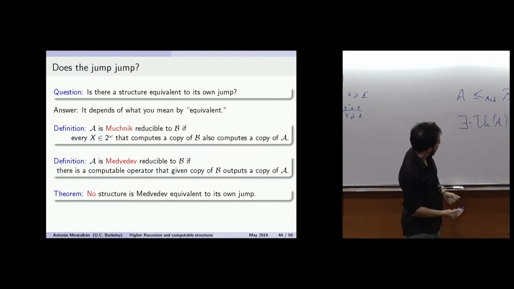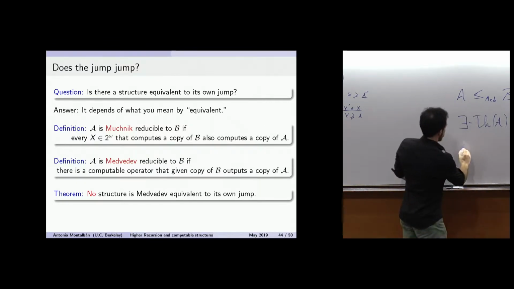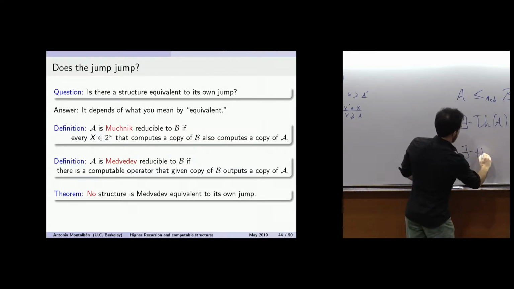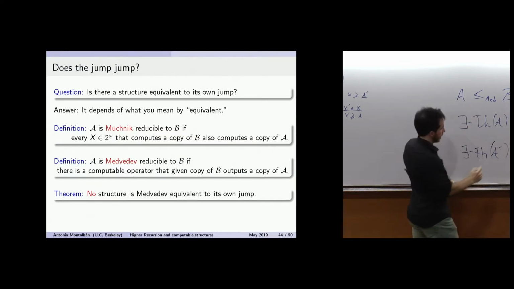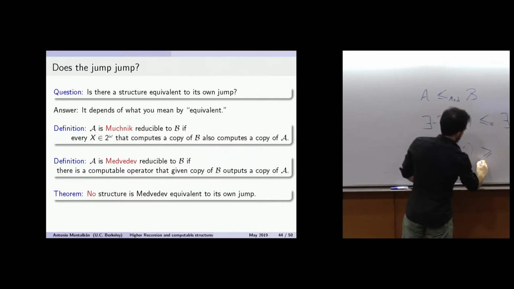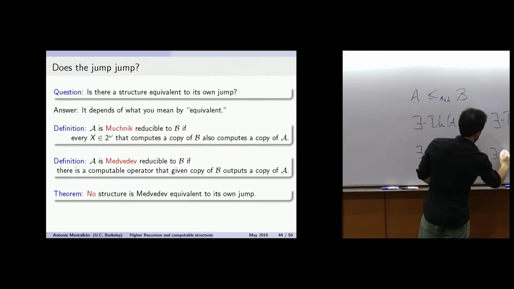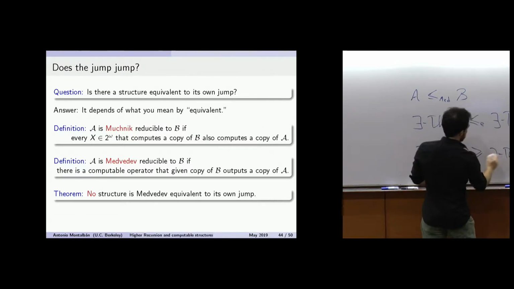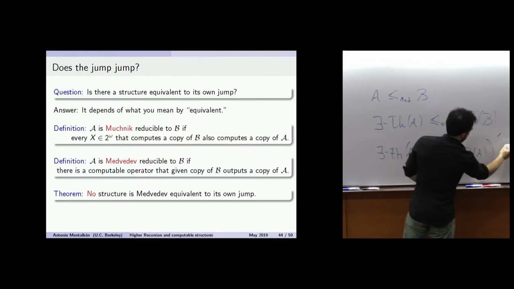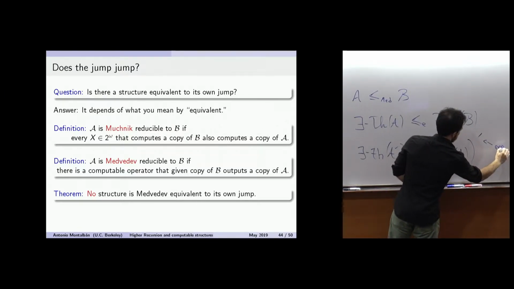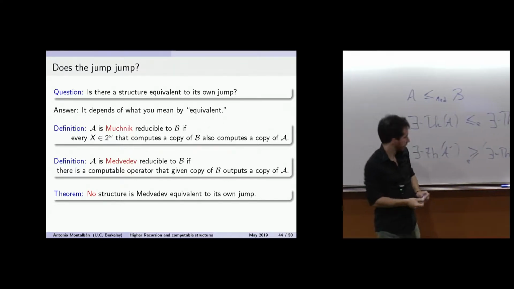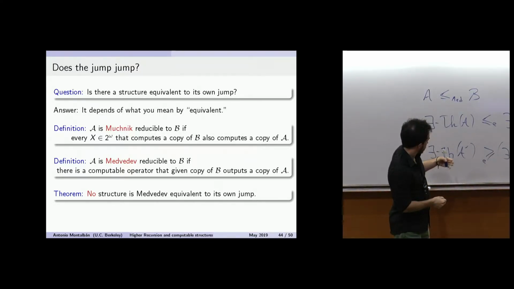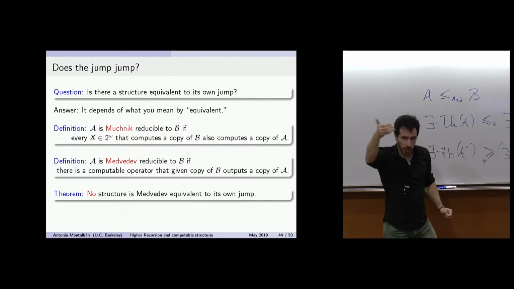But then you can show that the existential theory of the jump of A is greater in enumeration degree than the enumeration jump of the existential theory of A. So when you look at the existential theory of a jump, you must go up.